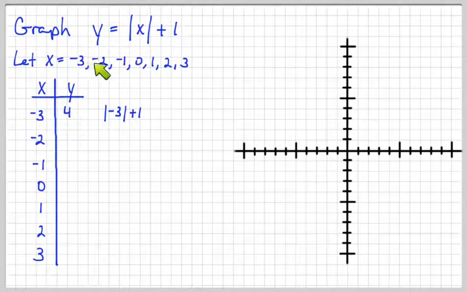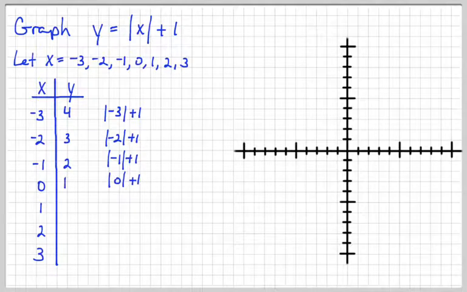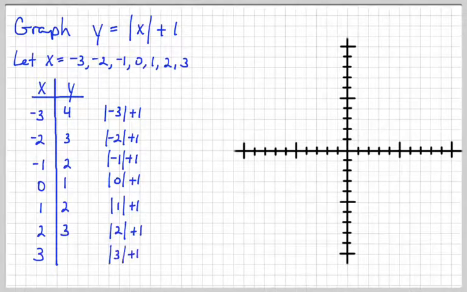And let's do the absolute value of negative 2 plus 1. That'll be positive 2 plus 1, that's 3. Now let's do the absolute value of negative 1 plus 1. So that will be 1 plus 1, which is 2. Then 0 plus 1 is 1. 1 plus 1 is 2. 2 plus 1 is 3. 3 plus 1 is 4.